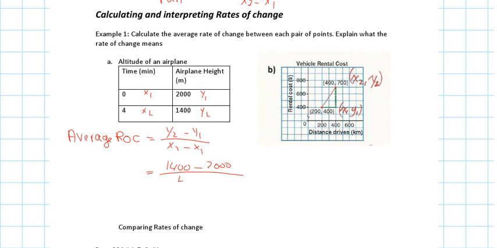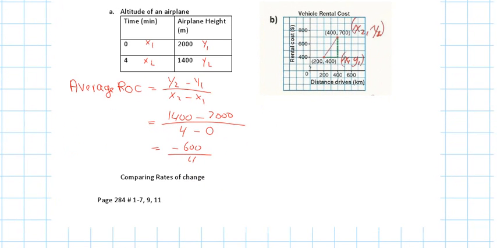So that's going to give me negative 600 over 4, which is going to give me negative 150.